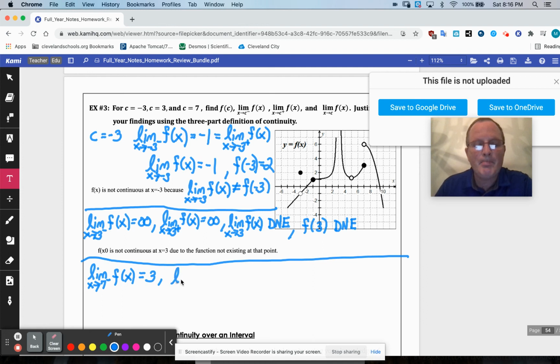And then the limit as x approaches 7 from the right of f of x appears to be about 6. That means the limit as x approaches 7 does not exist, because they don't agree.